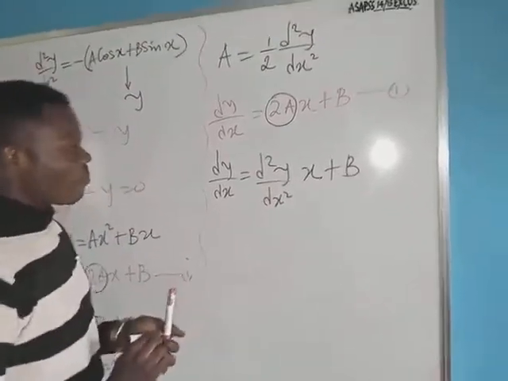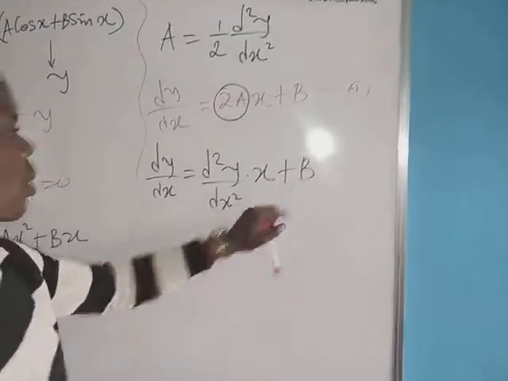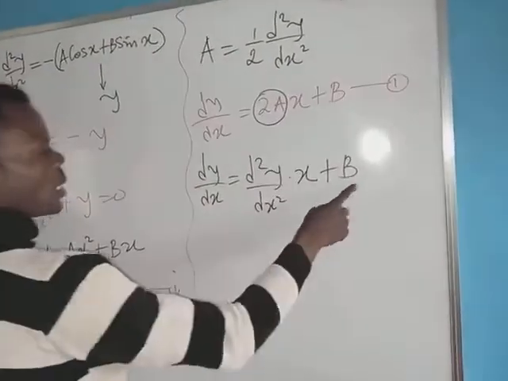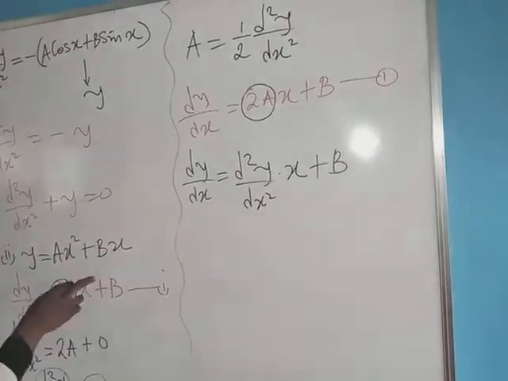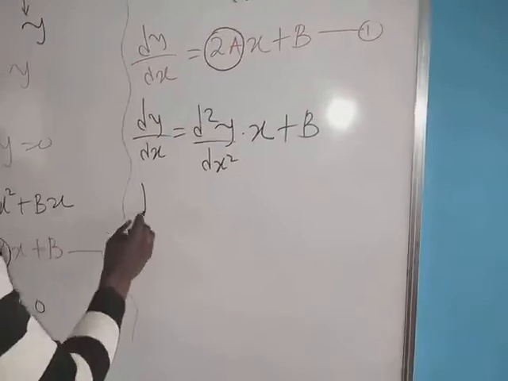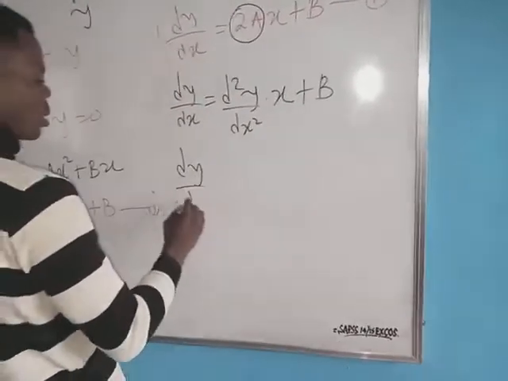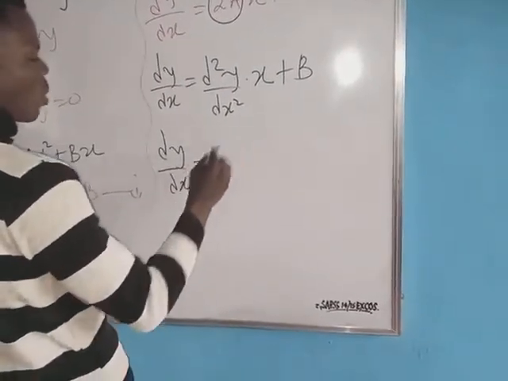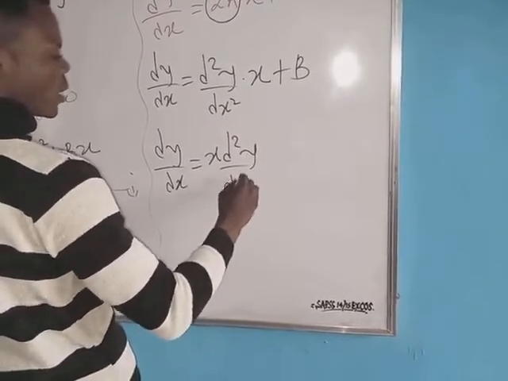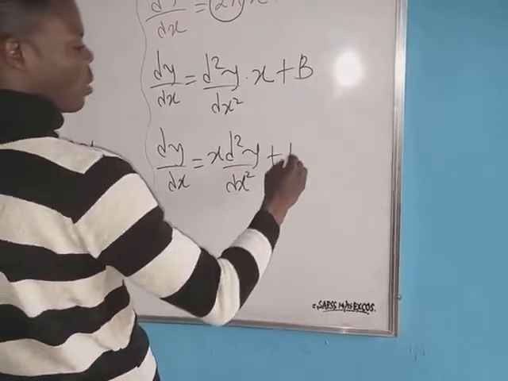From here, I can find the value of b by making b subject of formula. Or I will just substitute for b directly into this equation. So let's see what we are going to have. I will have dy by dx equal to x d squared y by dx squared plus b.